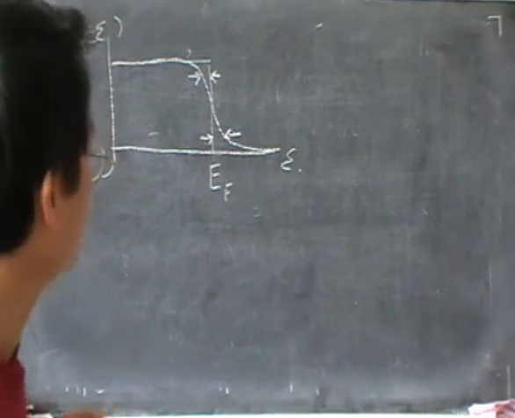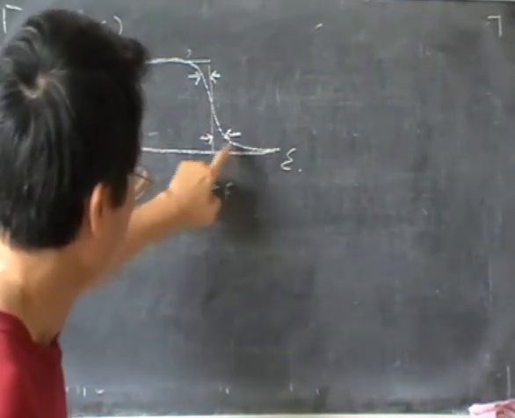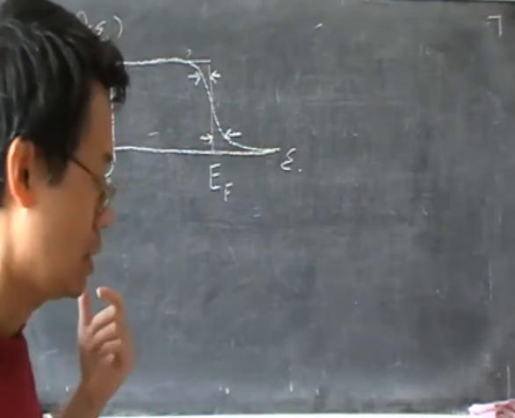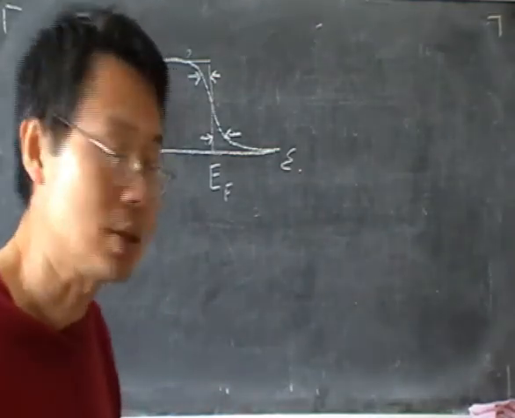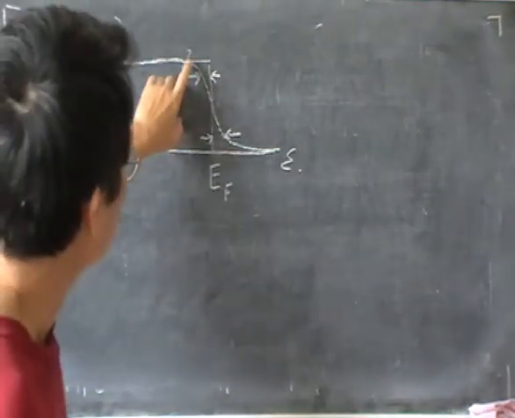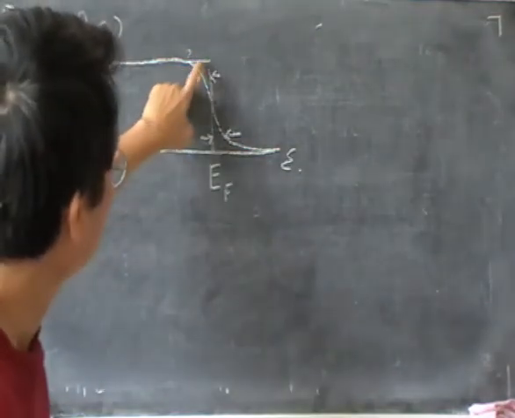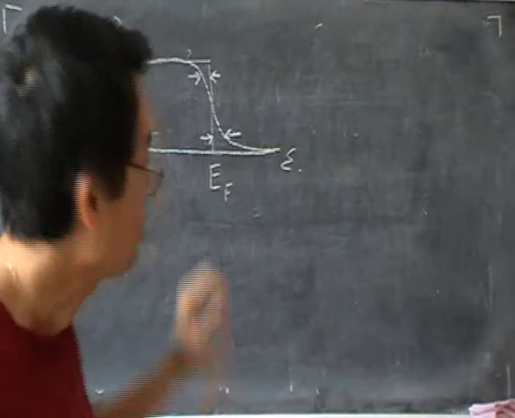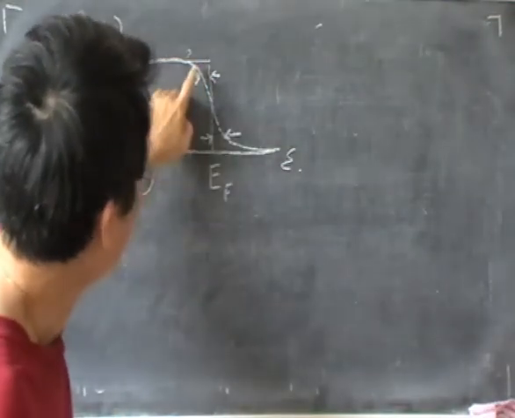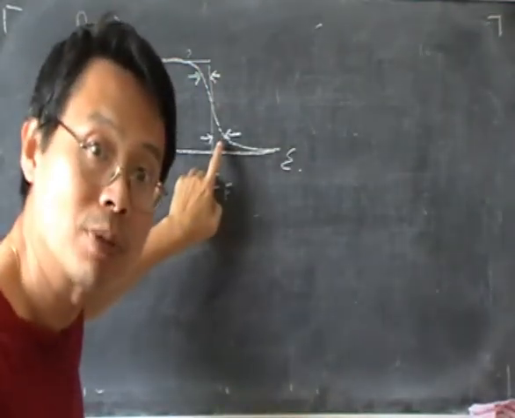Now the reason is that this part of the distribution is in effect the distribution of the excited electrons. If you look at this, when the step becomes a curve, it really means that some of the electrons just below the Fermi energy have been excited above the Fermi energy.